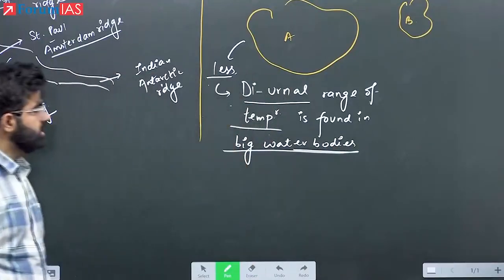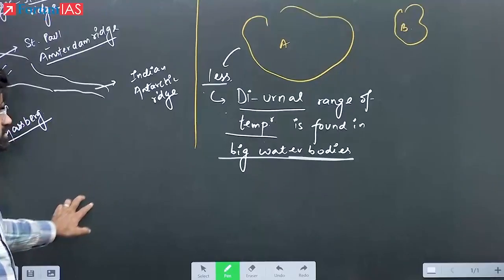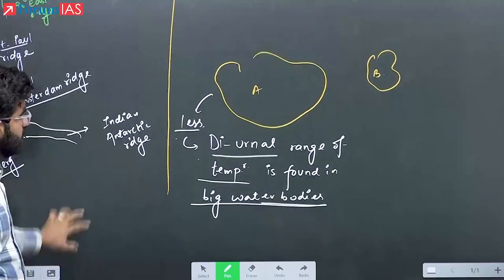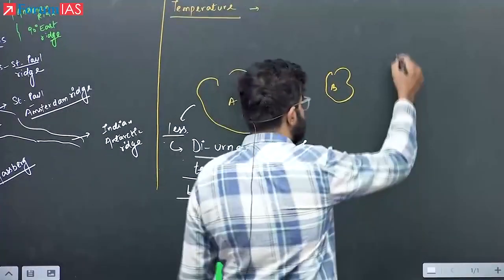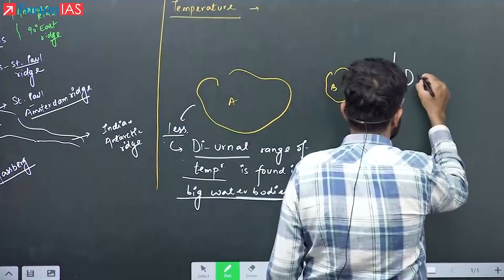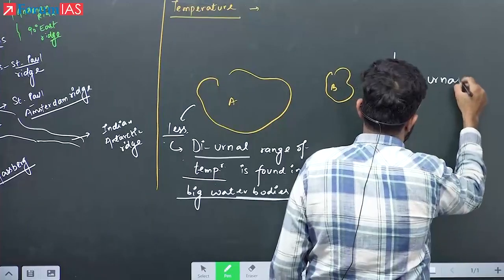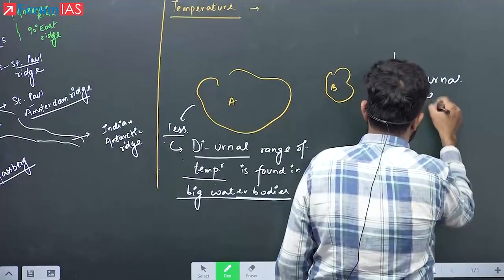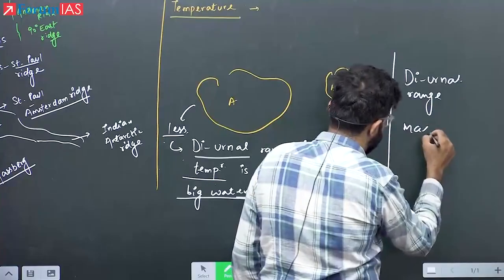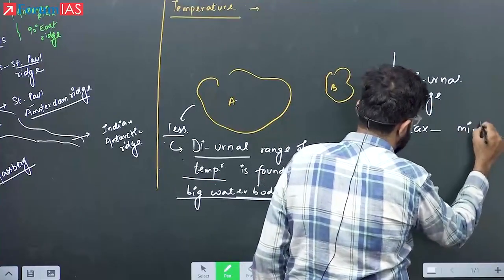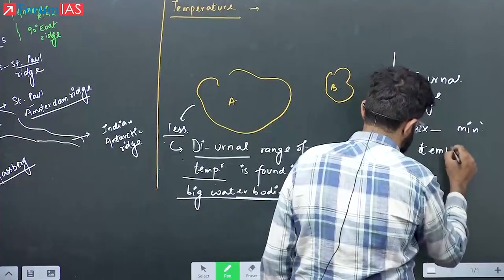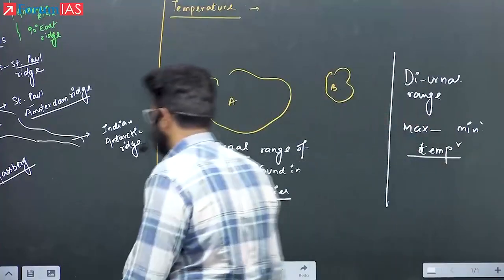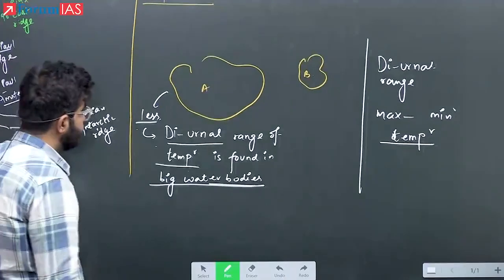In big water bodies, a less diurnal range of temperature is found. Please remember this one. If you have any doubt, you can write down what is diurnal range: maximum minus minimum temperature of the day.